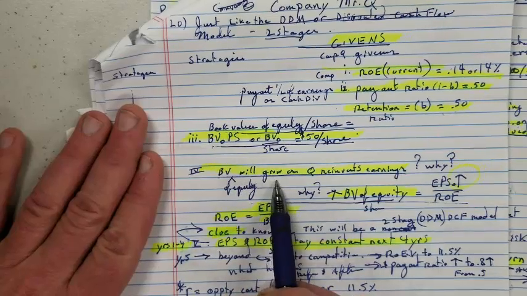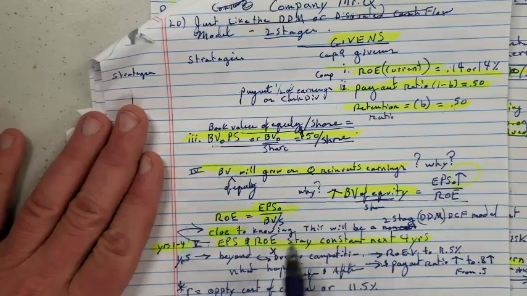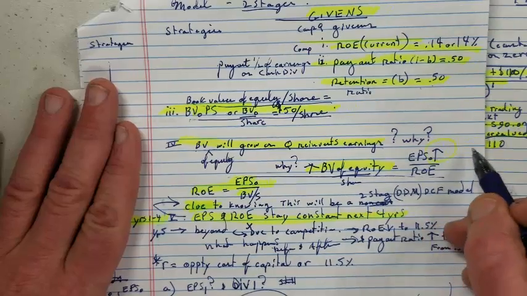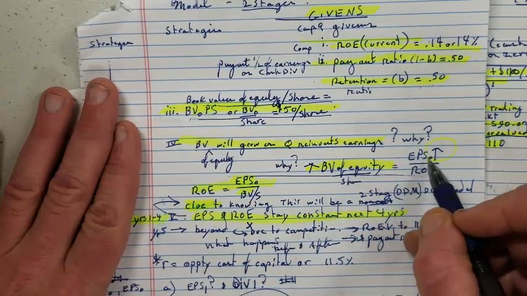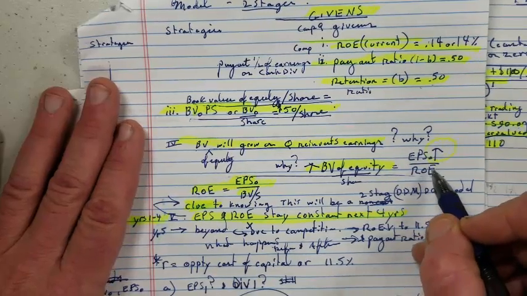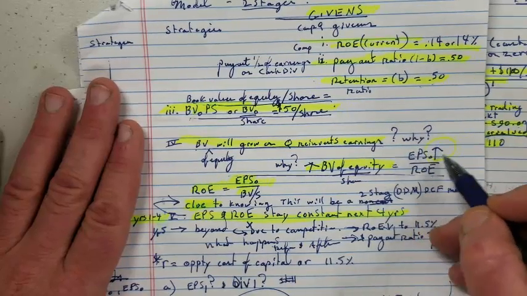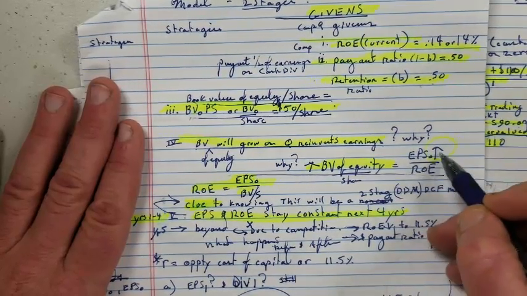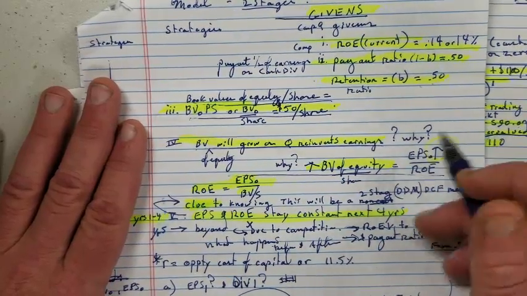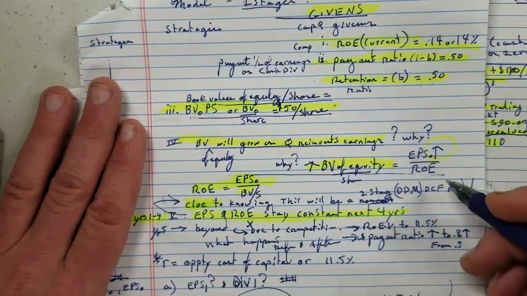Book value will grow as reinvestment earnings grow. Why? Remember that book value of equity equals earnings per share over return on equity. So if I need EPS, I just rearrange it, right? And as earnings per share increases, it also increases the book value of equity, and that shows up on the equity side of the balance sheet.